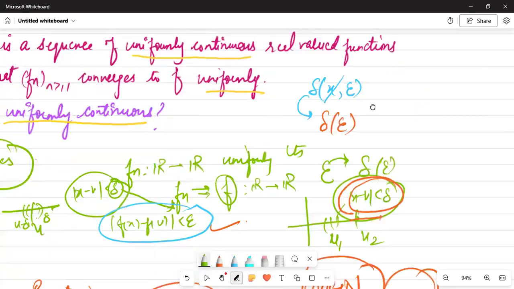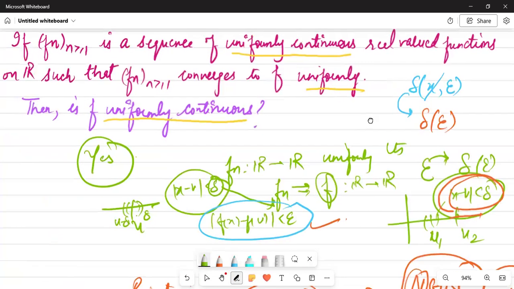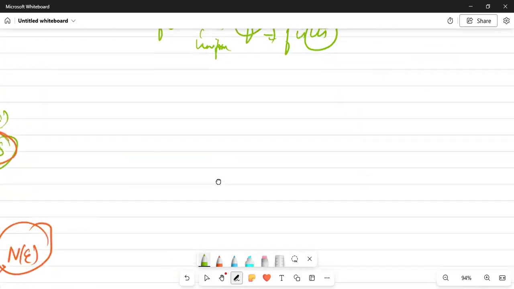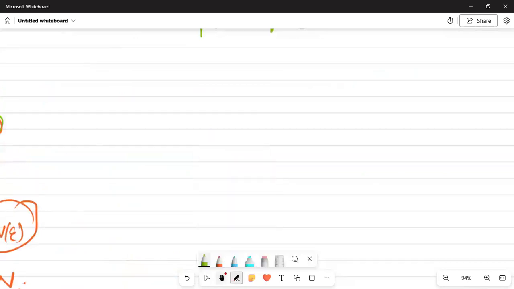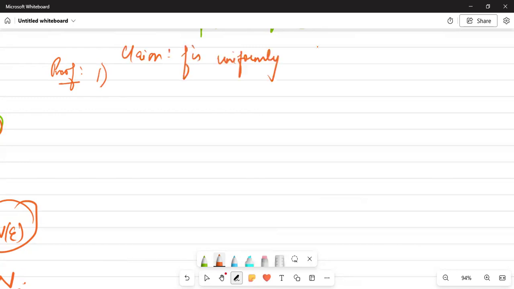And now in this video, we'll see that f is uniformly continuous as well if fn's are uniformly continuous and the convergence is happening uniformly. So we will divide the proof in 3 parts. First of all, our claim is f is uniformly continuous.